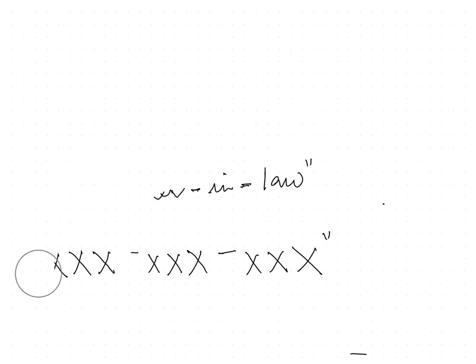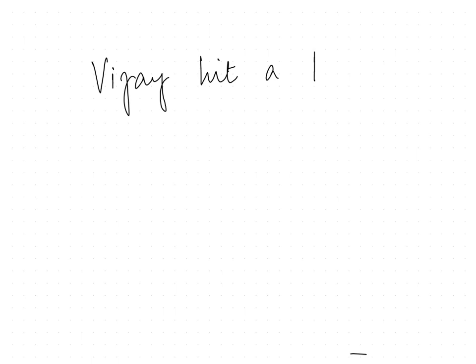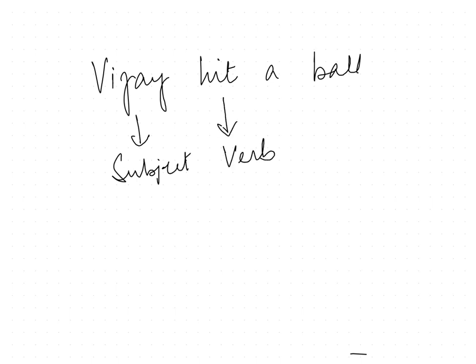Next is the sign of the direct object. For that, let me tell you what an object is. Like I said in class today, Vijay hit a ball. This is the subject who's performing the action, and the action of hitting is upon this particular object. So we call this the object. And what is A?